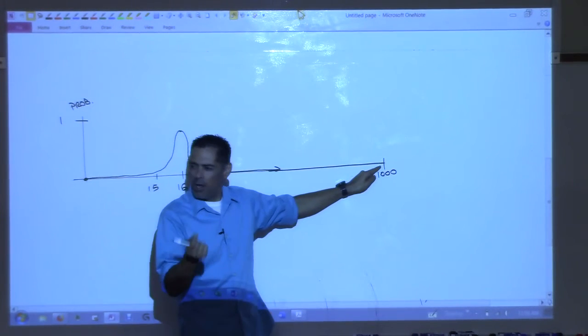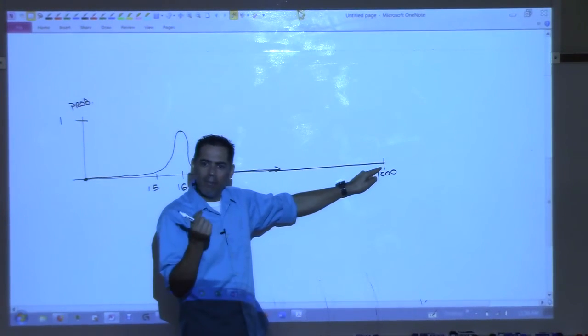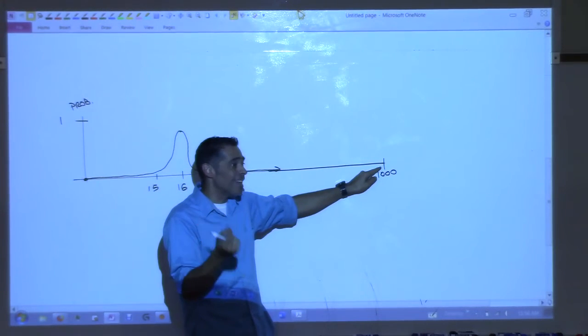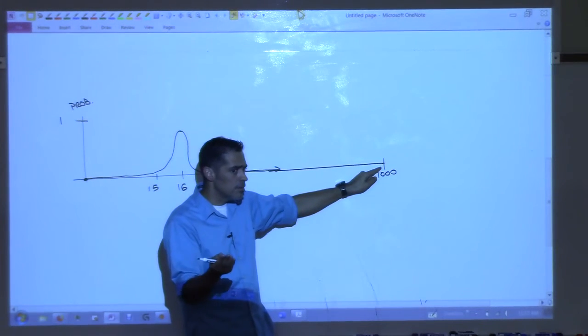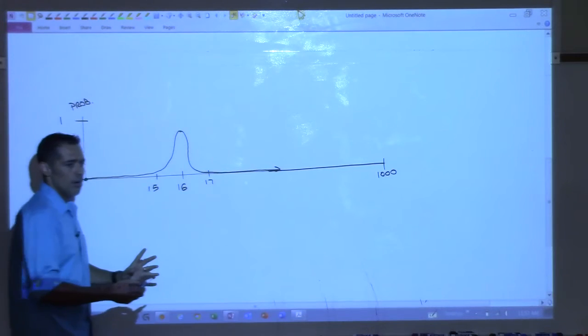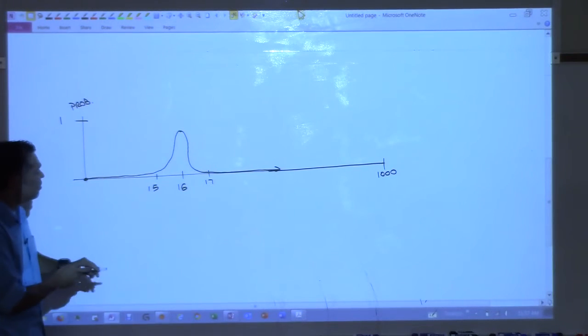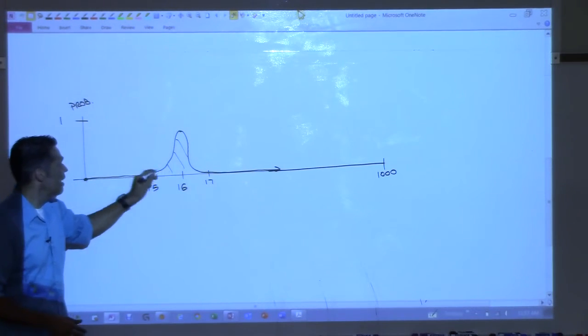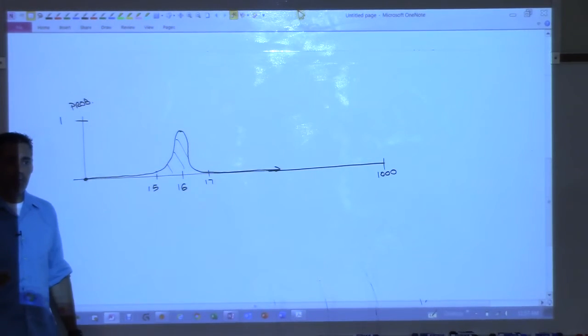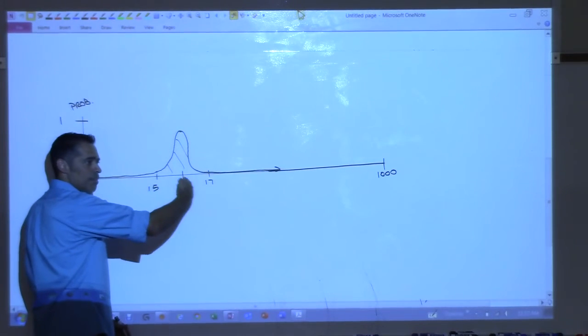These probabilities are practically 0. What we need, though, is that the total area under this curve has to be 1, because this is like all the probabilities put together.